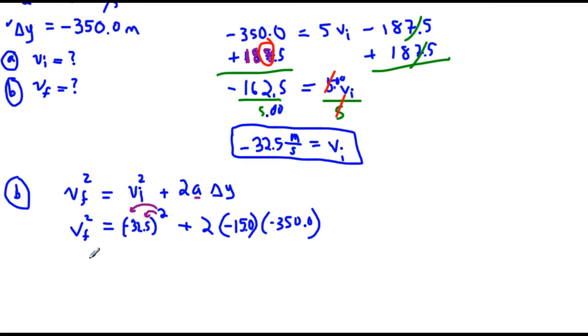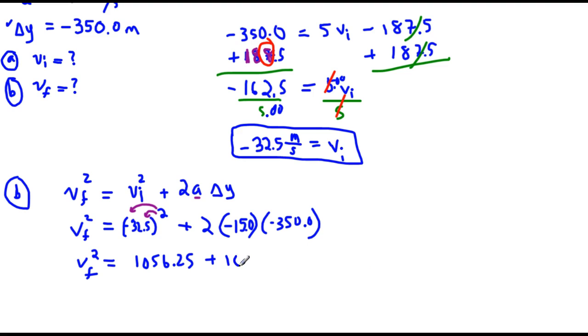Okay. Alright, so let me calculate this out. And then I'm going to have to square root both sides, because it's VF squared. So 32.5 squared, I know my answer has to be positive. It's 1056.25. And then I'm going to be adding a negative number. Oh no, look, the negatives are going to cancel out. Okay, so 2 times 15 times 350.